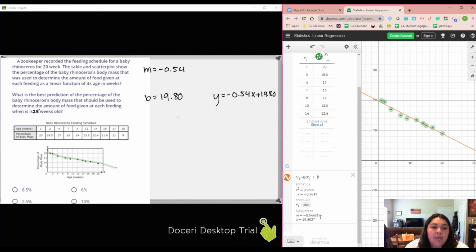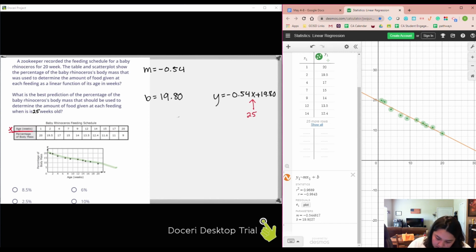Okay. But our question is, we want to determine the amount of food given at each feeding when it's 25 weeks old. And again, this is going to be a best prediction, so it's not going to be the exact answer of the answers that they give us. So 25 weeks is actually going to be our x value because age is in weeks. So right here for my x value, I'm going to put 25.